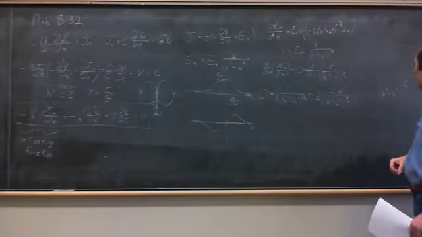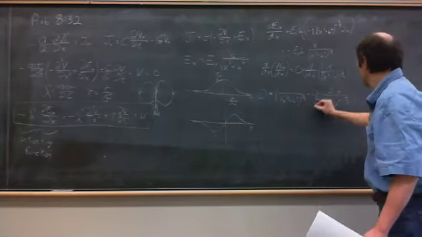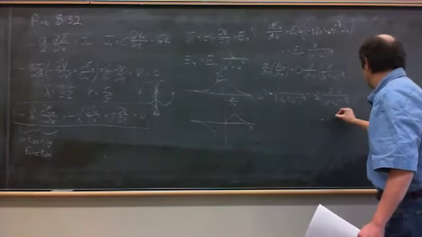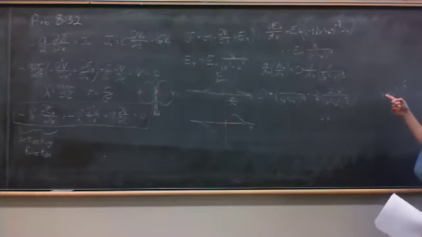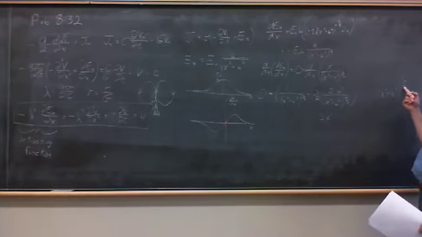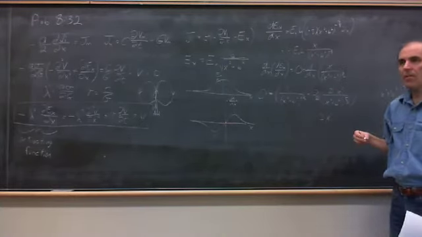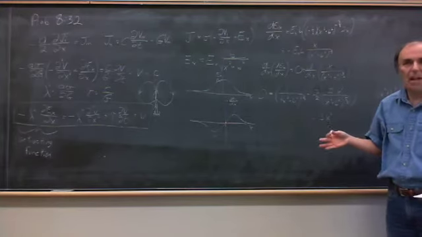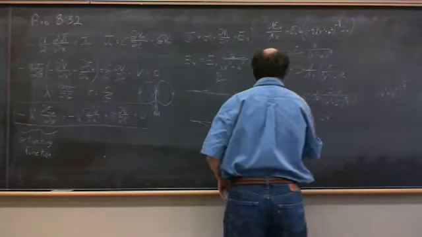This is going to be this term, the 2's will cancel, and you'll get a minus 3x squared, and this will cancel that. How about this term? This is going to be x squared plus b squared to the 5/2 divided by x squared plus b squared to the 3/2. So that's just x squared plus b squared to the 2/2, or 1. That's just x squared plus b squared equals 0.